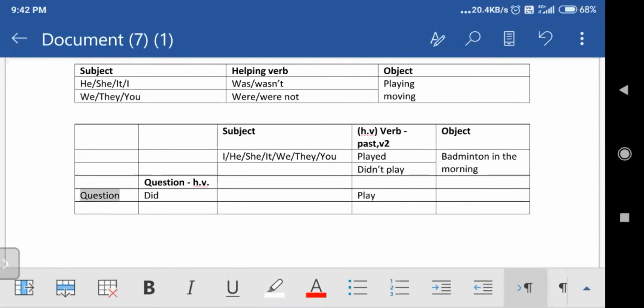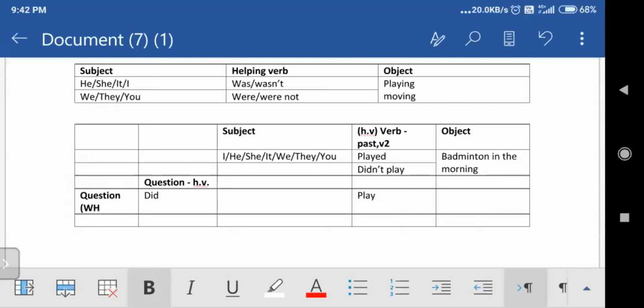Okay. So these are which type of questions? Like the ones I told you, all the WHs, right? So we can say why, and we can say why did, and we can say he, she, it, whatever, and we can say the same thing, play badminton in the morning.